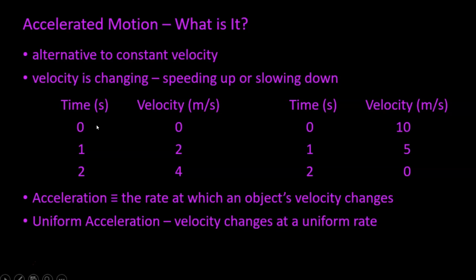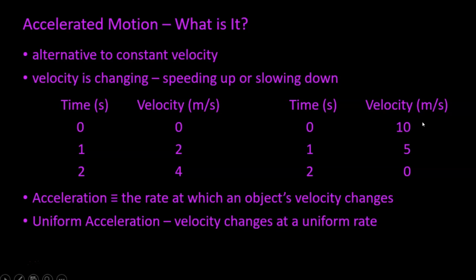For instance, in the case of pulling away from the traffic light when it turned green, in the first second, the car increased its velocity 2 meters per second. In the next second, it also increased its velocity 2 meters per second. So the rate at which the velocity was changing was constant, 2 meters a second every second.